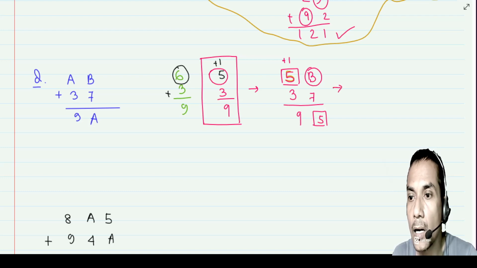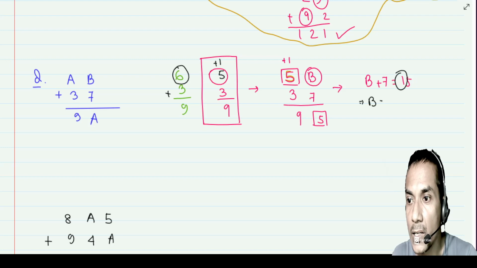So B plus 7 is equal to 15. It is possible. Otherwise we cannot carry forward this one to the next. So here we get B is equal to 15 minus 7 is equal to 8.